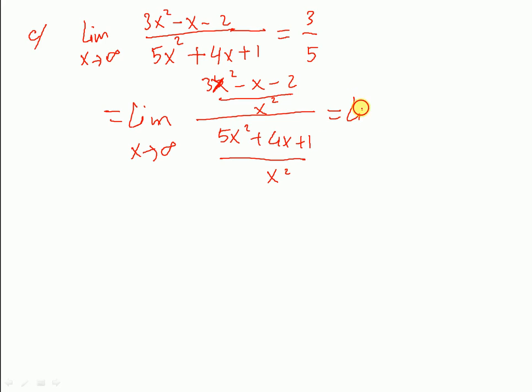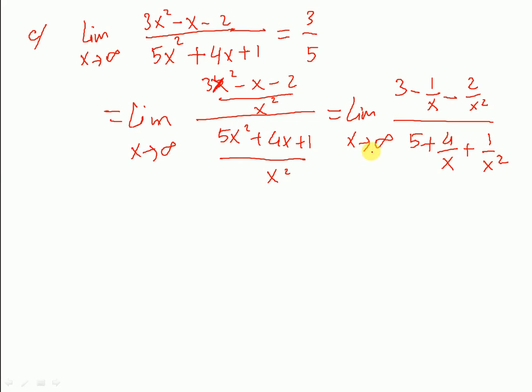That gives you x squared and x squared gone, giving you only 3, right? Then x and x give you minus 1 over x and minus 2 over x squared. The bottom, x squared and x squared are gone, giving you 5. Then 4x over x squared gives you 4 over x, and plus 1 over x squared.